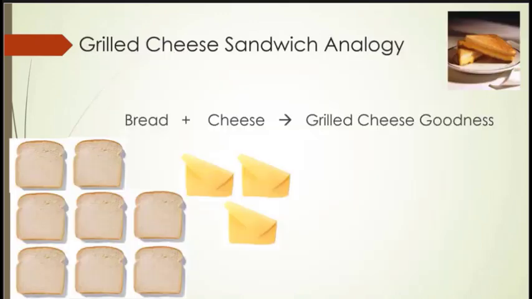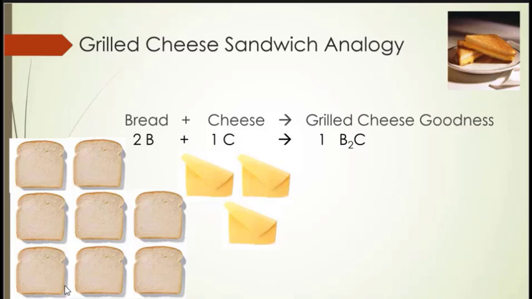Let's think about a grilled cheese. Let's say that it takes bread and cheese to make a grilled cheese sandwich. And if I were to think a little bit more like a chemical reaction is set up, it takes 2 pieces of bread and 1 piece of cheese to make 1 grilled cheese sandwich, which as a unit would be 2 pieces of bread and 1 cheese, so B2C.